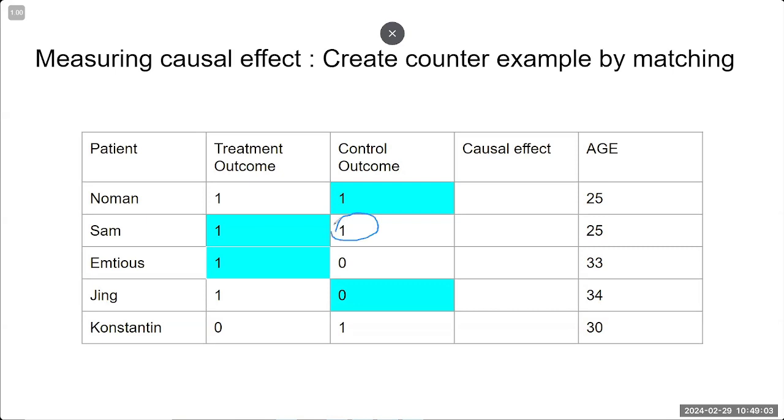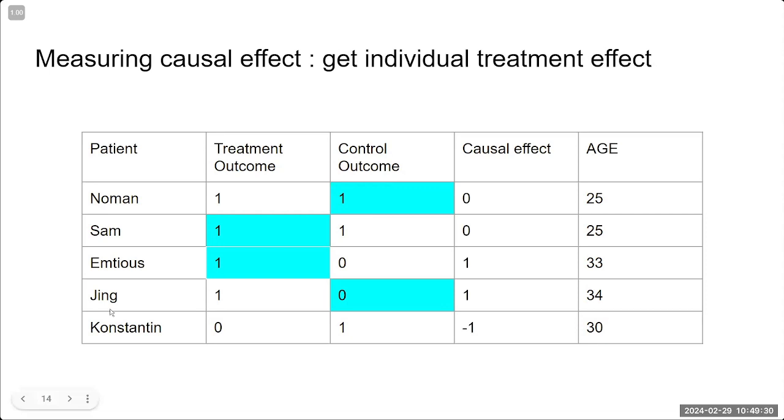So we can impute this value here. In this way we can populate the counter examples for each of the observations that we have.